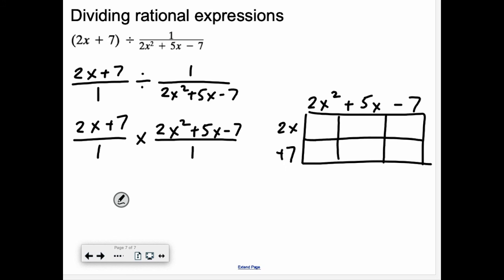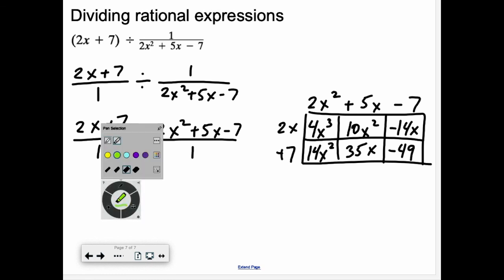FOIL won't work here, remember, because we just have too many terms. So this is going to be 4x to the third, 10x squared, minus 14x, 14x squared, 35x, negative 49.